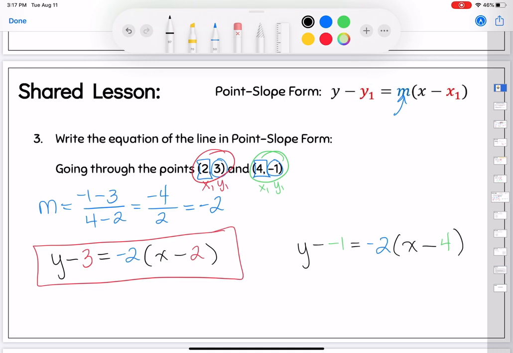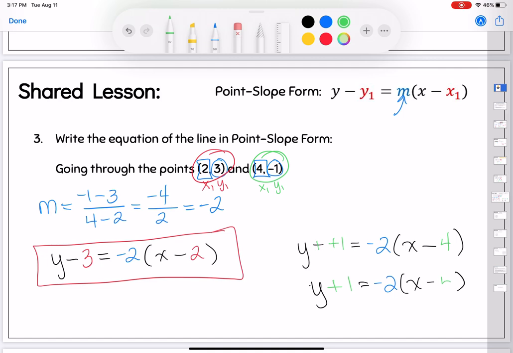Now in this one, I need a little bit of simplifying. Two negatives here make a positive, so this could be y plus 1 equals negative 2 times x minus 4.